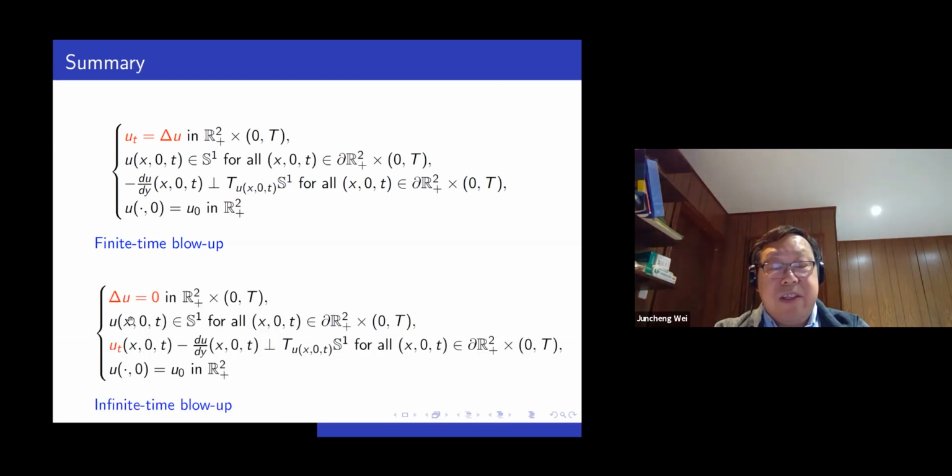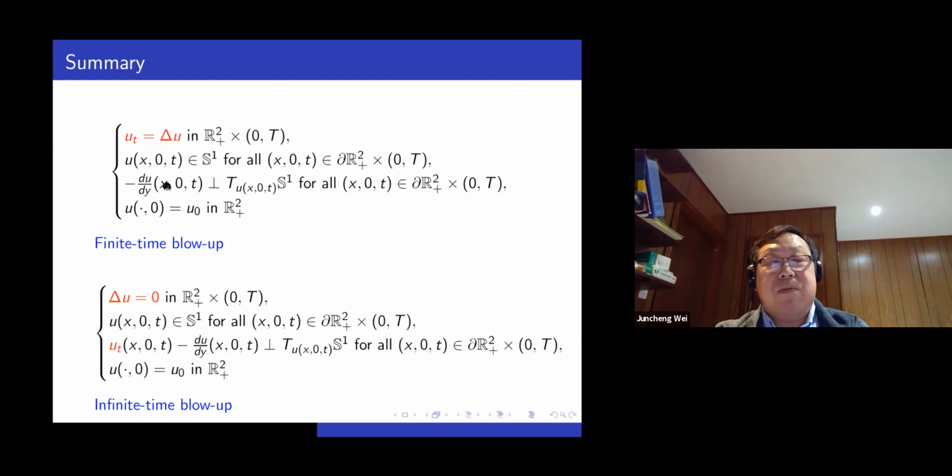But if your u_t is downstairs, like this half-harmonic map, then you have an infinite time blow-up. So our construction really shows a difference depending on where you put your parabolic part. If you put the parabolic part up, then you have finite time blow-up. If you put the parabolic part down, then you should expect infinite time blow-up.